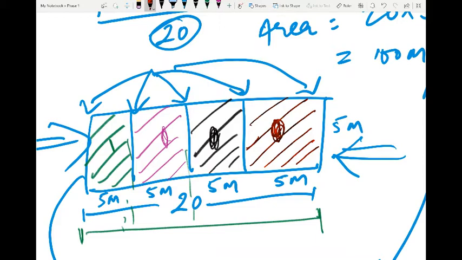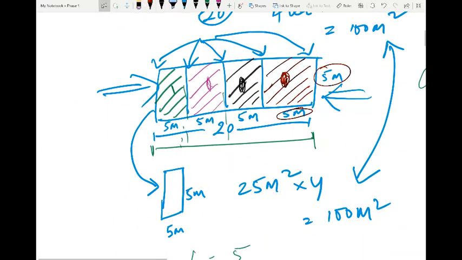So 5 into 5, 25 meters square. 25 meters square into 4, same 100 meters square.